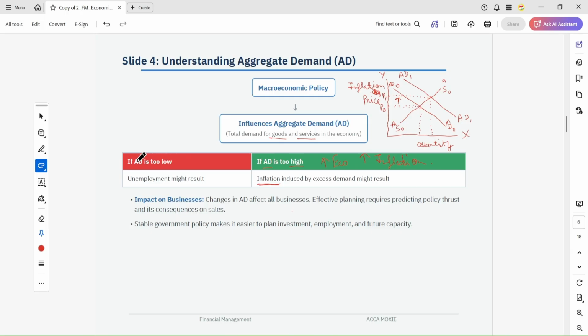Okay, so if the demand is low, like here, if the demand is lower here, so AD minus 1, AD minus 1. Okay, so when the demand is lower, that will reduce the supply. Okay, so that will reduce the supply and reduce the price.